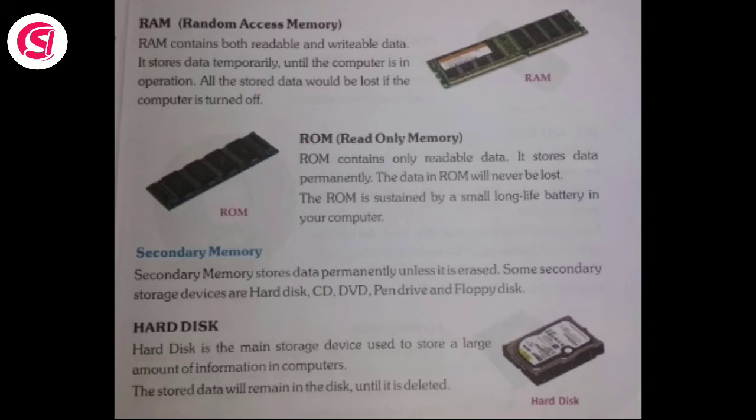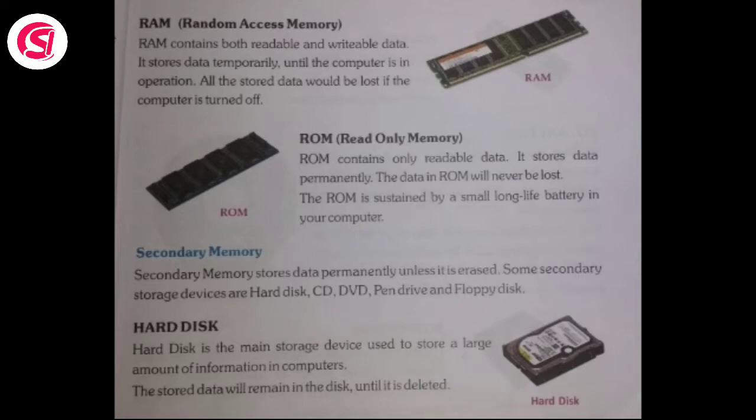Now we will move to ROM. ROM stands for read-only memory. ROM contains only readable data. That means we have no permission to write here. We can only read here. Okay, it stores data permanently. The data in ROM will never be lost.